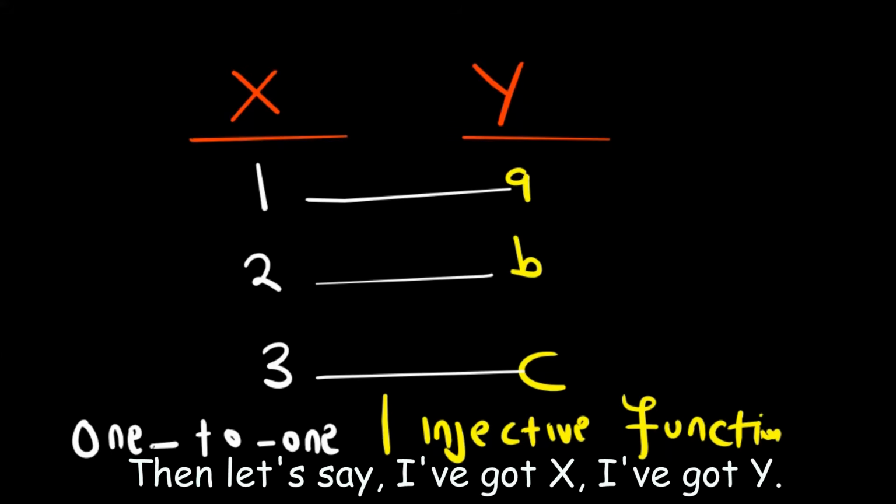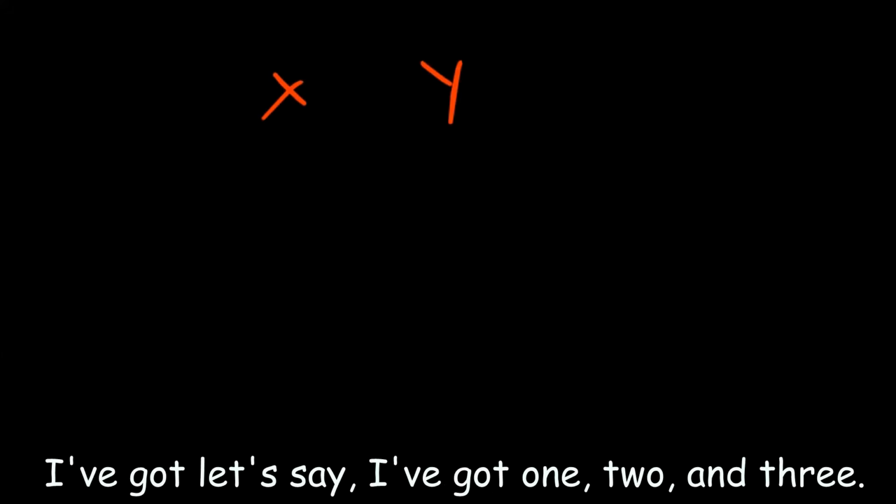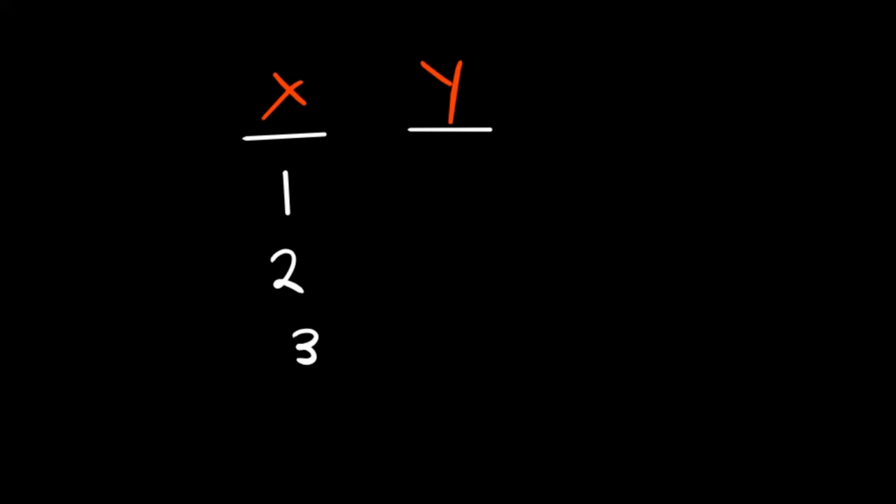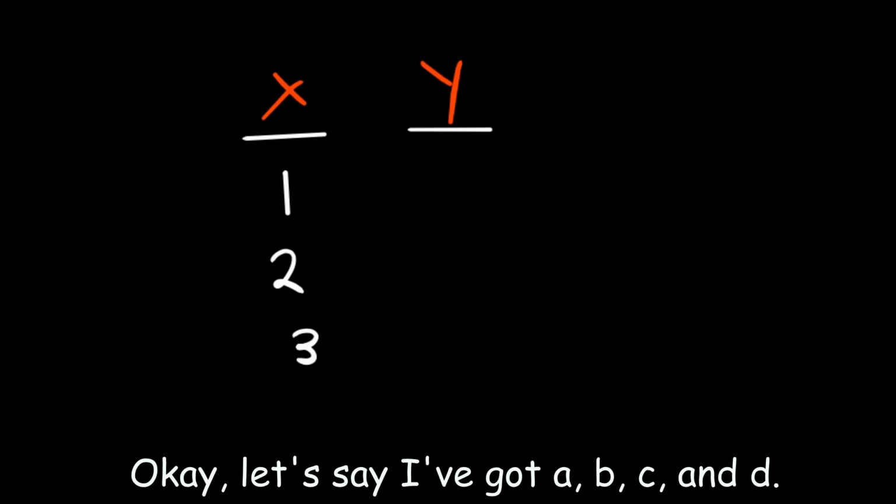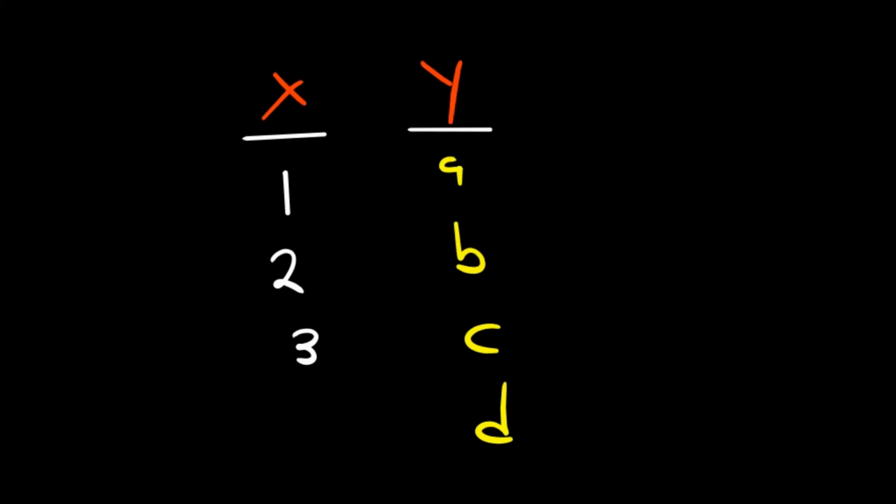Then let's say I've got x and I've got y. I've got 1, 2 and 3 for x, and a, b, c and d for y.